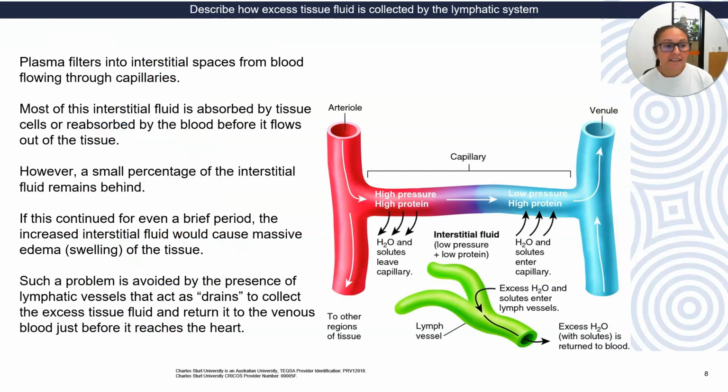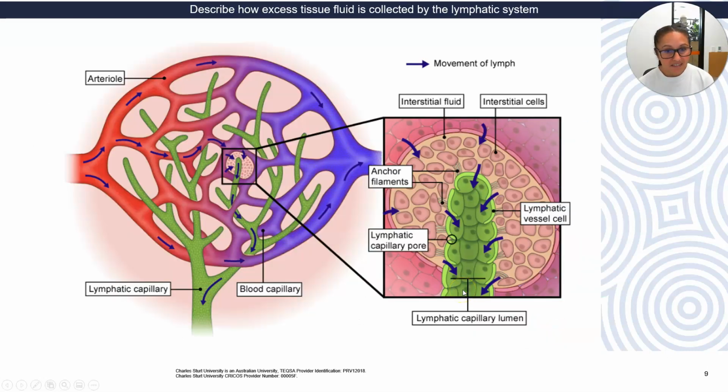Right, we've seen this before. So this is not new. You lose fluid at the arterial end, suck it back in here, and the excess goes out in the lymphatic system. Happy days. This is what your beautiful little lymphatic capillaries look like. Aren't they cute? Look, you've got your artery end, you've got your venous end, and this is the capillary bed.